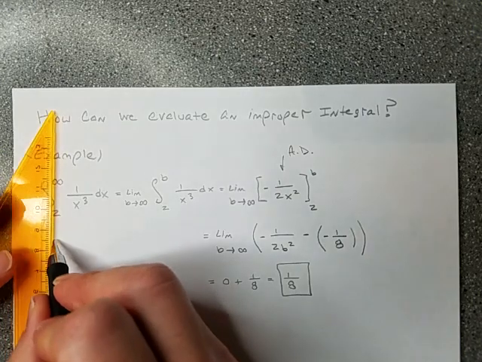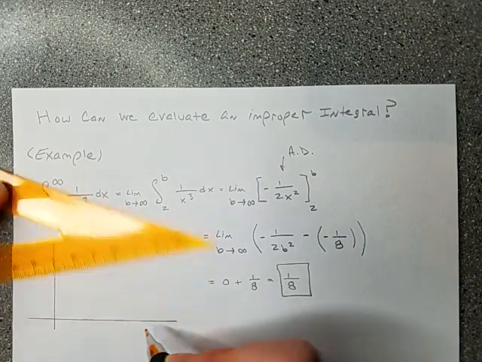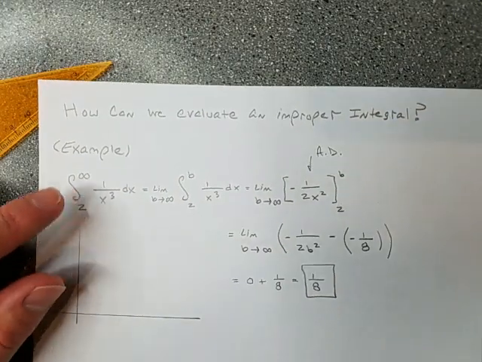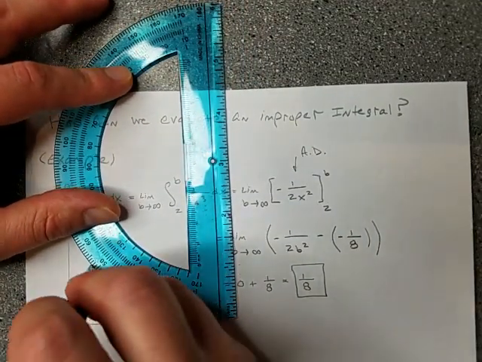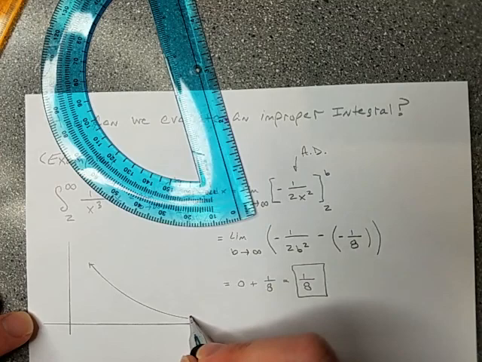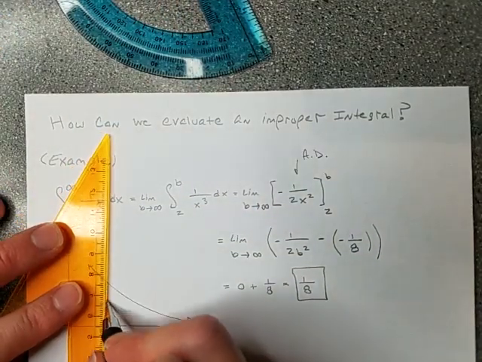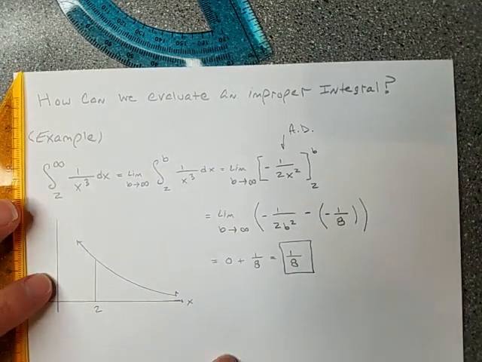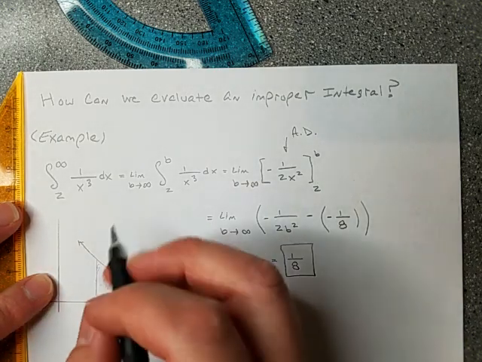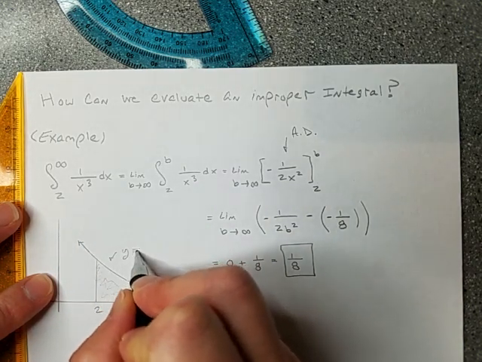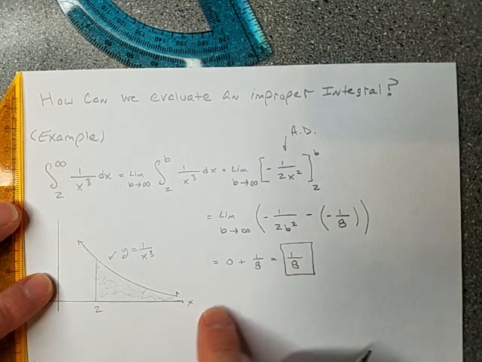I want to show you something real quick. All right, I've done the problem, but I want the problem to have meaning to it. So this curve here looks a lot like that very first one I showed you. Okay, it's got a horizontal asymptote here on the x-axis. And I'm just saying, the meaning and the result here of this problem is if you measured the area under this curve, 1 over x to the third power, from 2 to infinity, it would be finite.